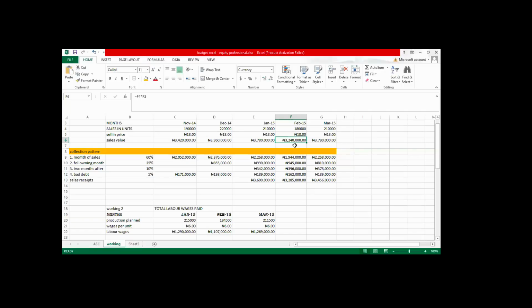And policy says in the month of sales, you are going to collect 60%. Please compute 60% of that sales. 1,944,000. Can you see it, please? Yes, sir. It was placed under February collection.